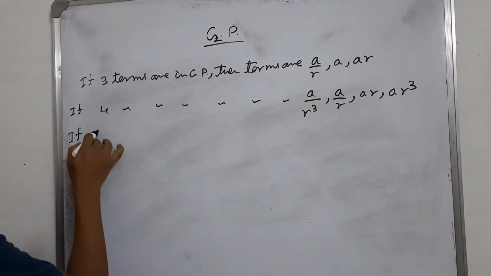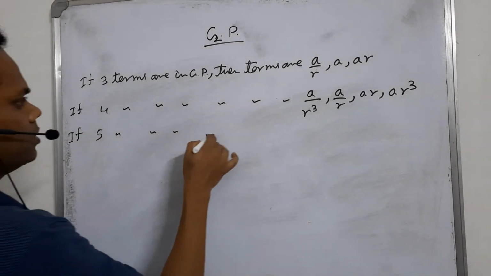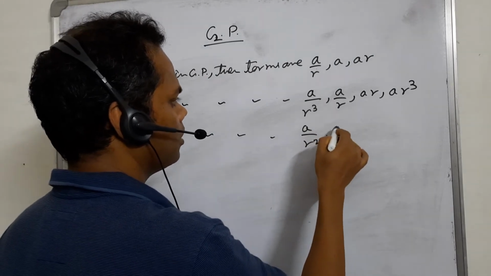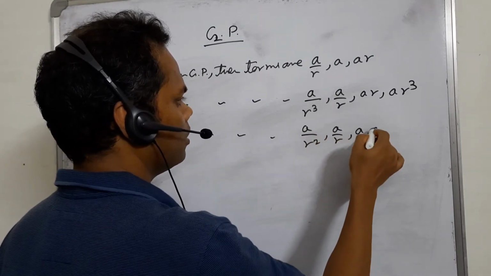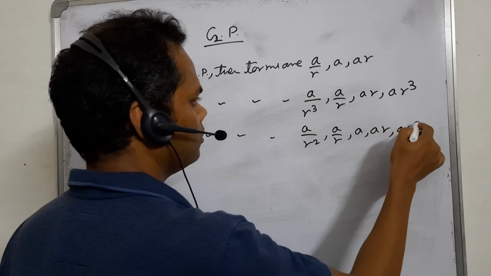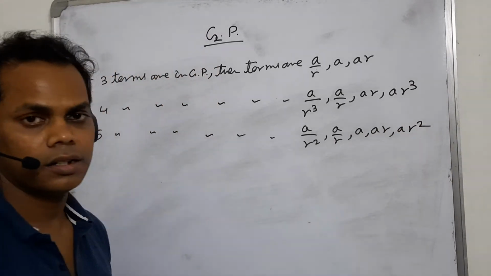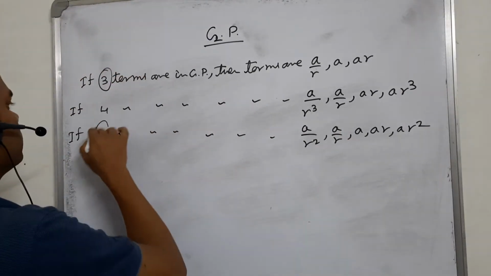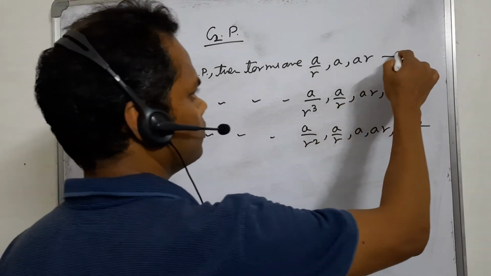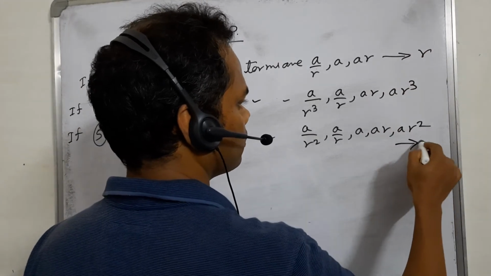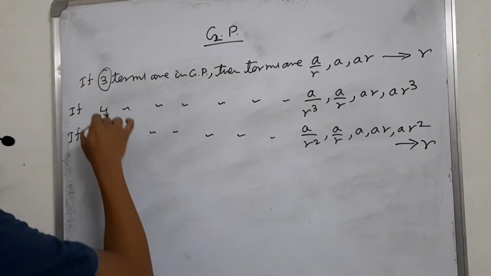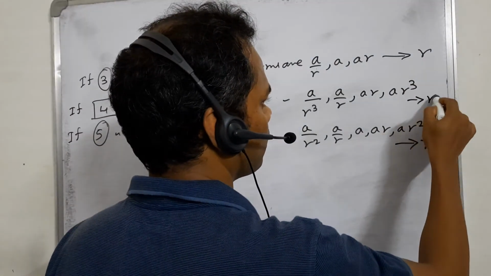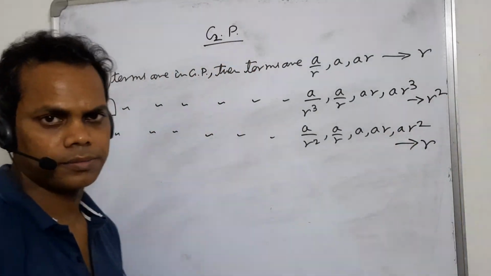If five terms are in GP, then the terms are a by r square, a by r, a, ar, ar square. Now see that if the number of terms is odd, then the common ratio is r. If the number of terms is even, then the common ratio is r square.